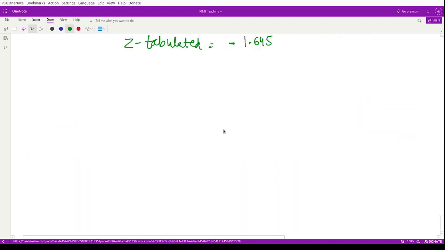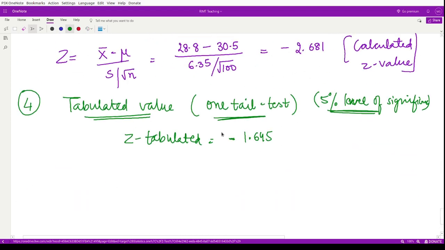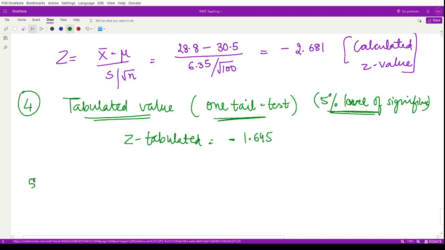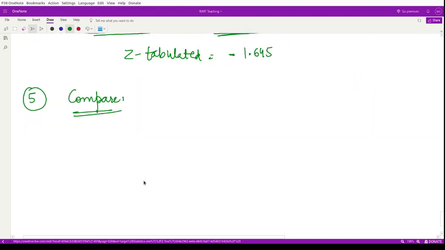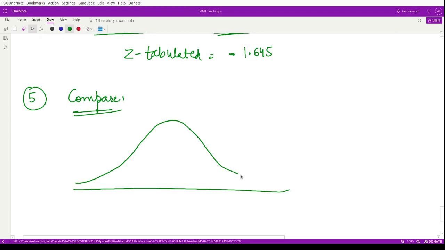So we have this tabulated value. Now in the next step, we compare. We draw the critical region for our question. So this is the distribution. Here in this distribution, our tabulated value is minus 1.645. So this is our critical region, and in this critical region we will reject our null hypothesis.